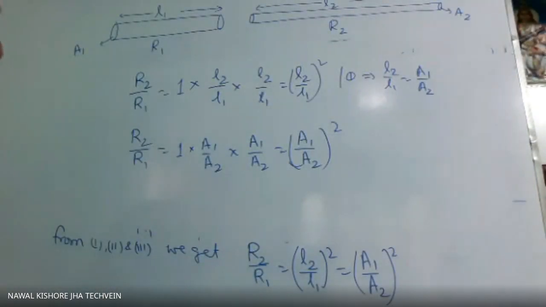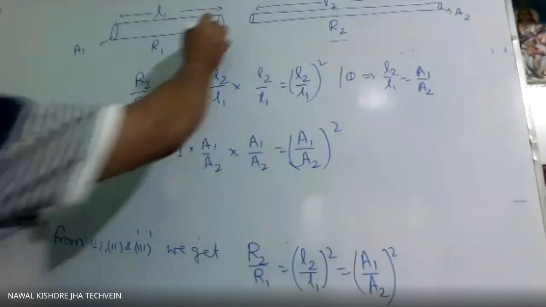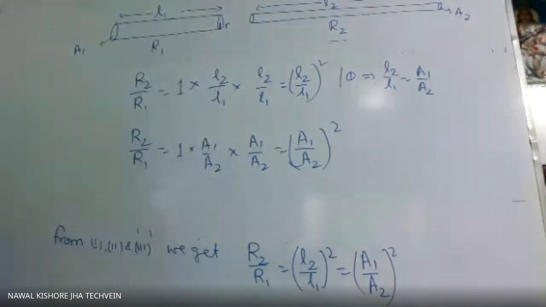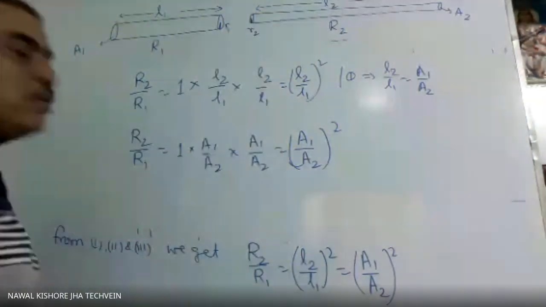Is it clear now? Yes, sir. Now sometimes we will be given the radius of this wire, or diameter of the wire, or thickness of the wire. Then suppose this is R1 and this is R2. What is area?